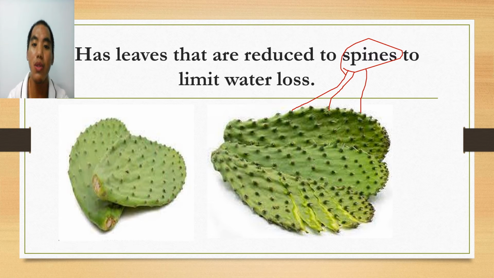And what is the use of these spines? It is used to limit water loss. Again, a cactus has leaves that are reduced to spines to limit water loss.